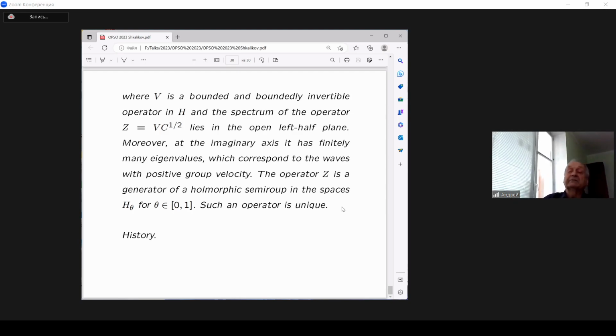So the Mandelstam conjecture was the following: that elliptic equations with radiation conditions have a unique solution, and certainly this result does prove the Mandelstam conjecture.